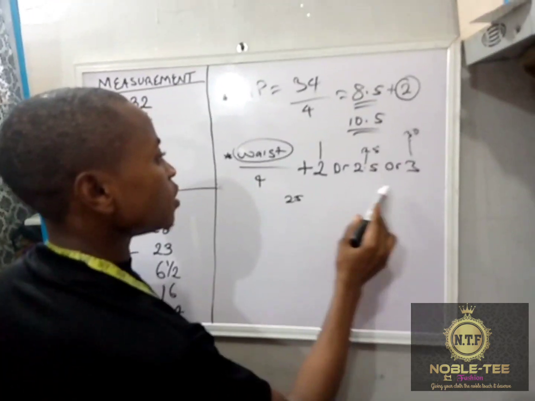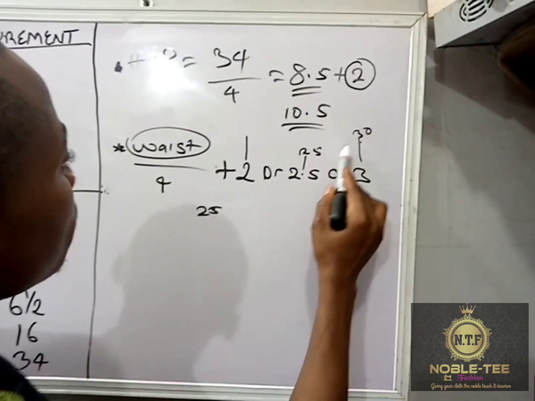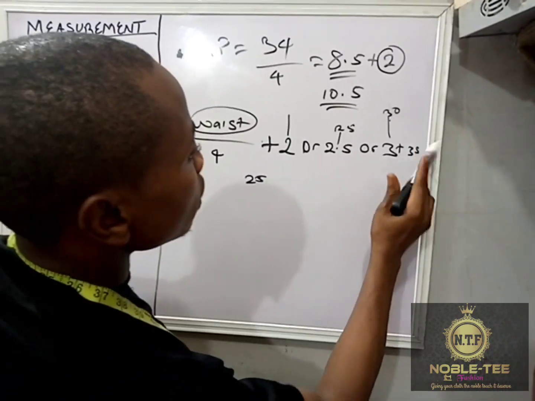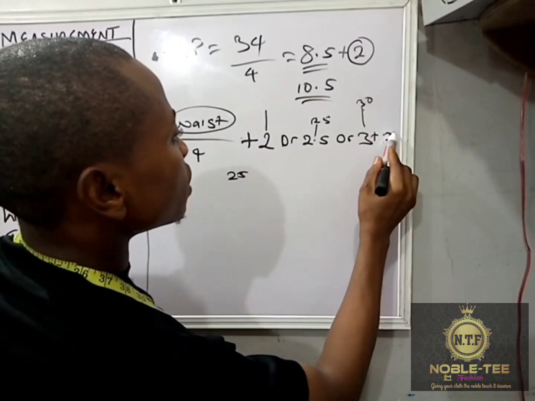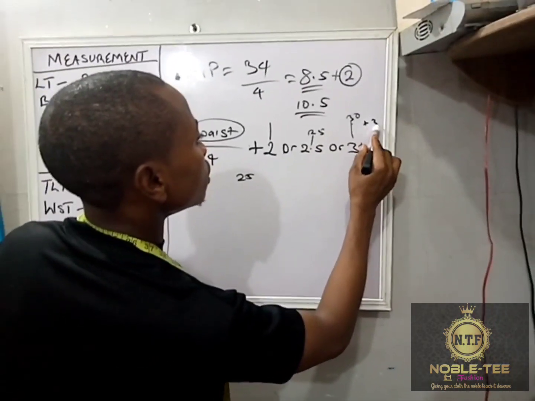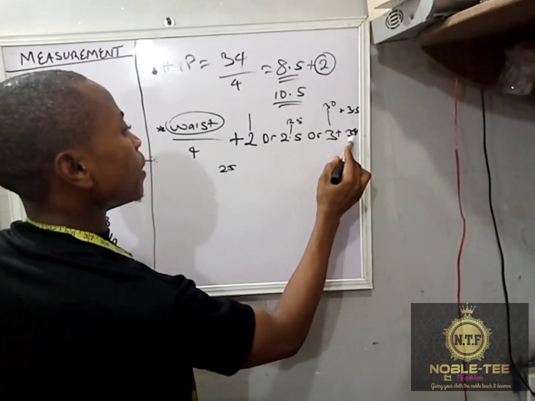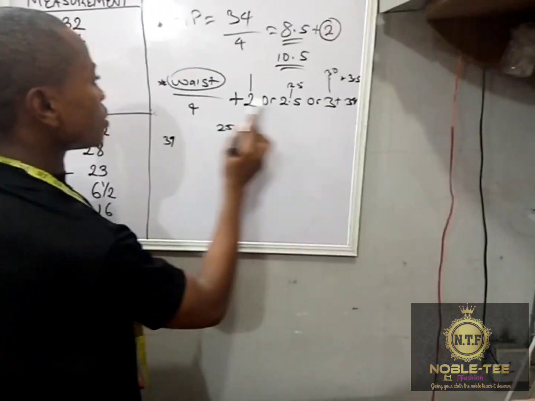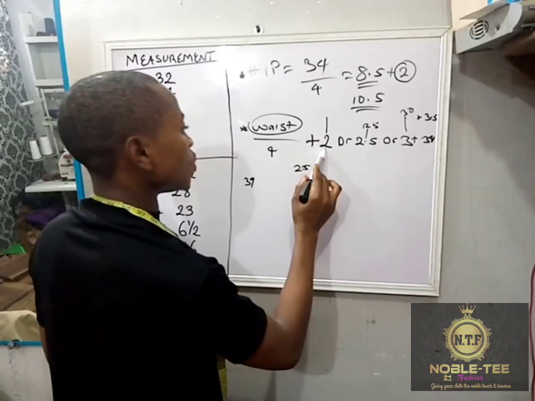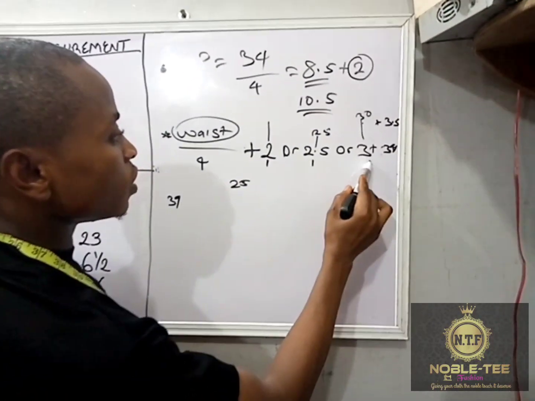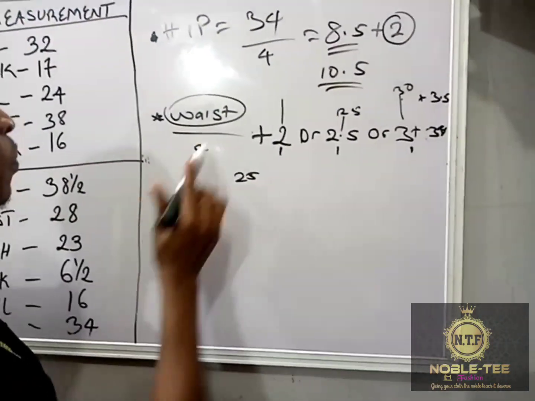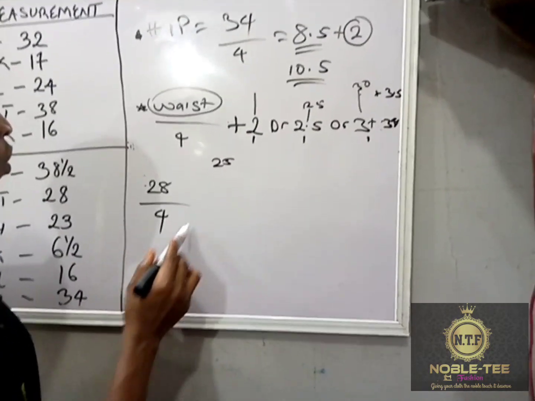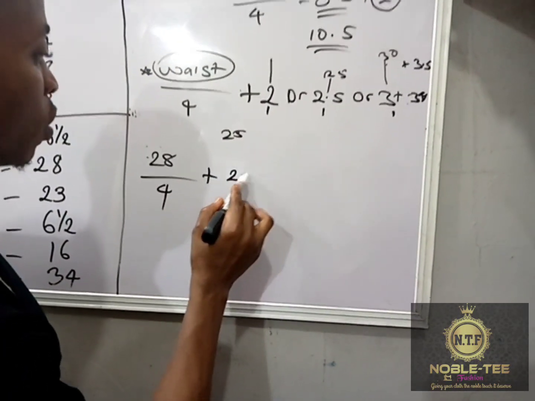If you are having anything like 39, please add 3.5. So if the waist is 39, if you are using this method, please add to it 2, 2.5, 3. So now for this, the waist is 28 divided by 4 plus 2.5.